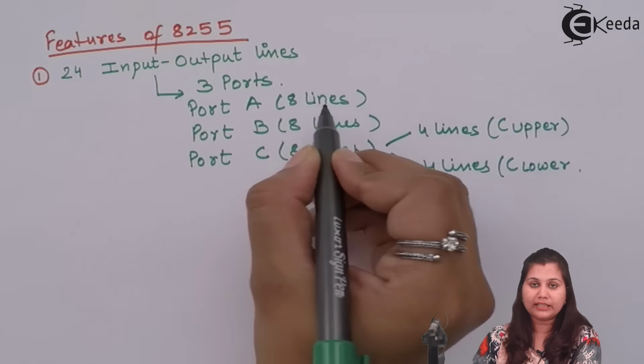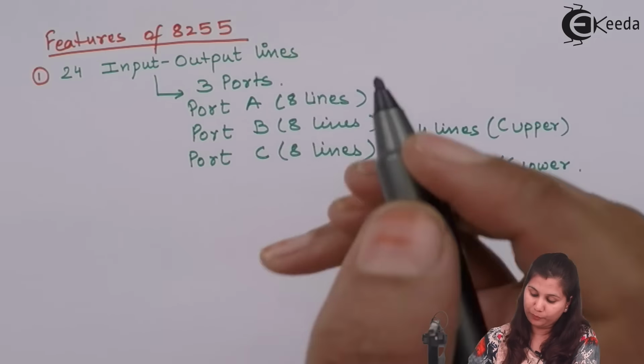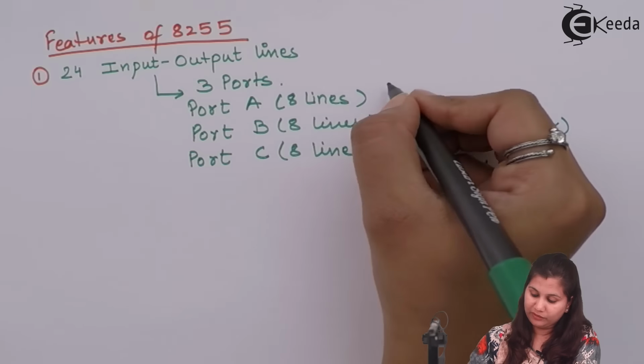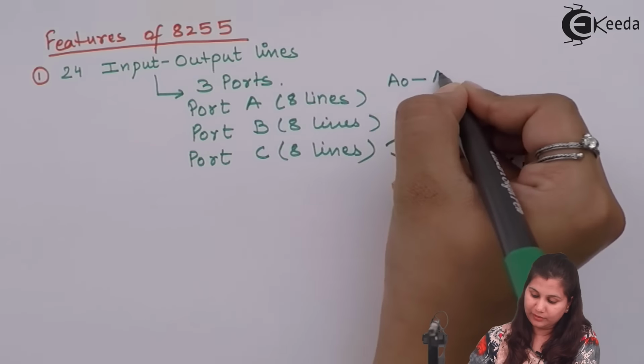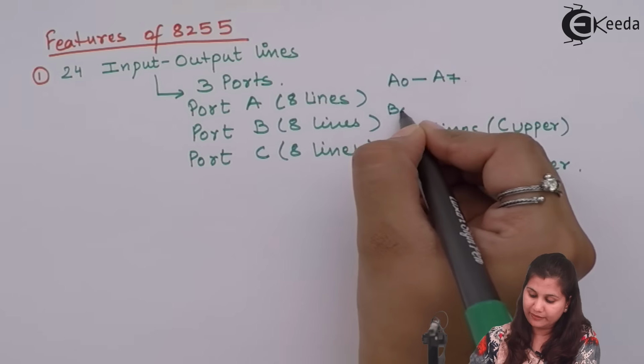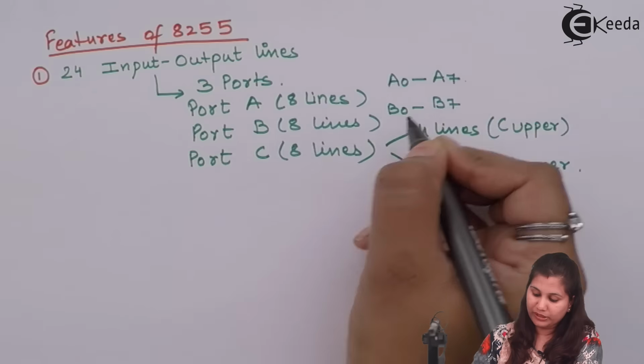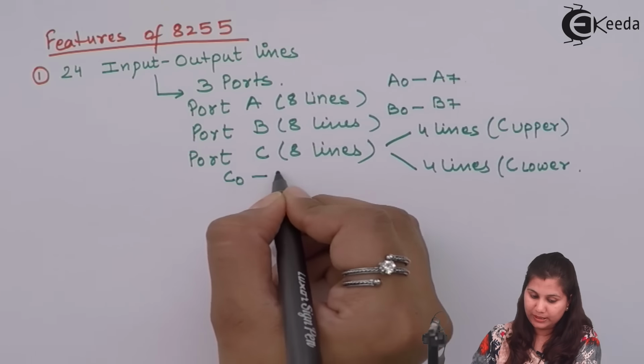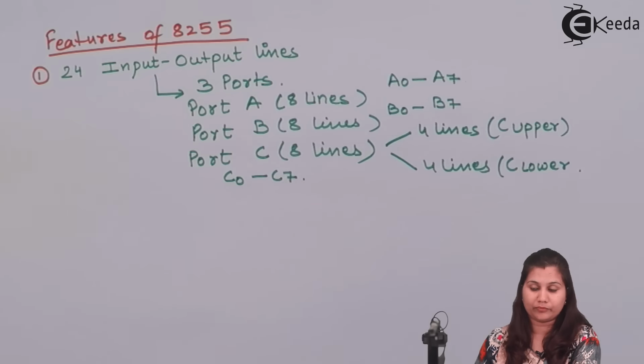So if we denote the 8 lines of all these ports, then for port A we will have A0 to A7. For port B we will have B0 to B7. And for port C we will have C0 to C7. Okay.